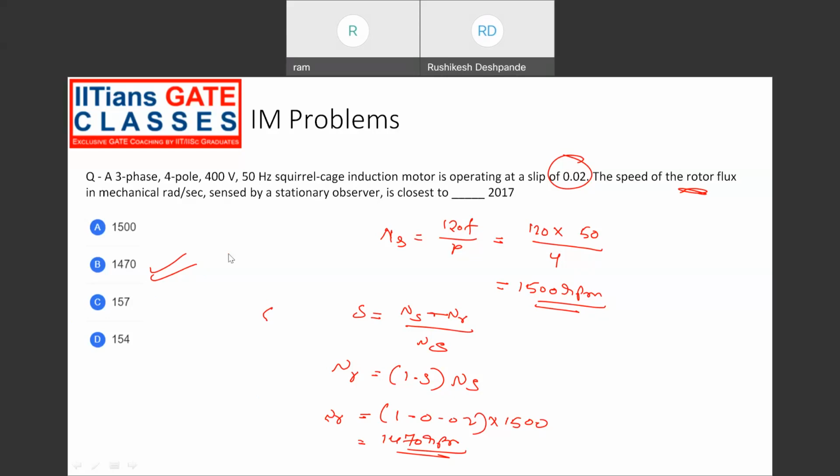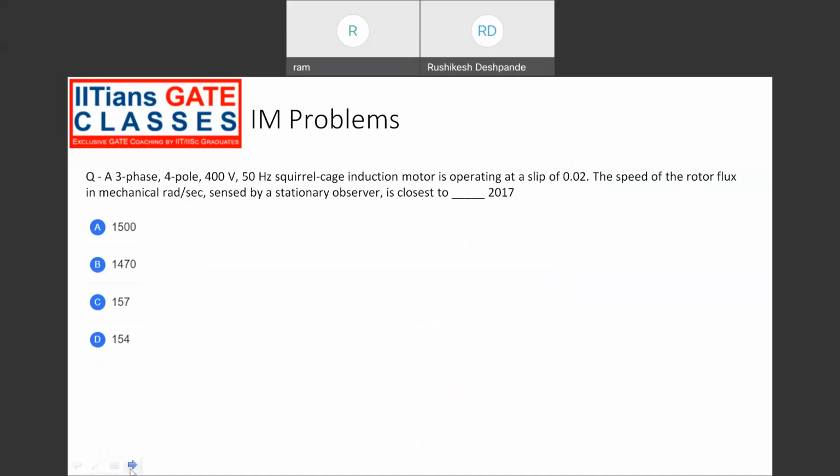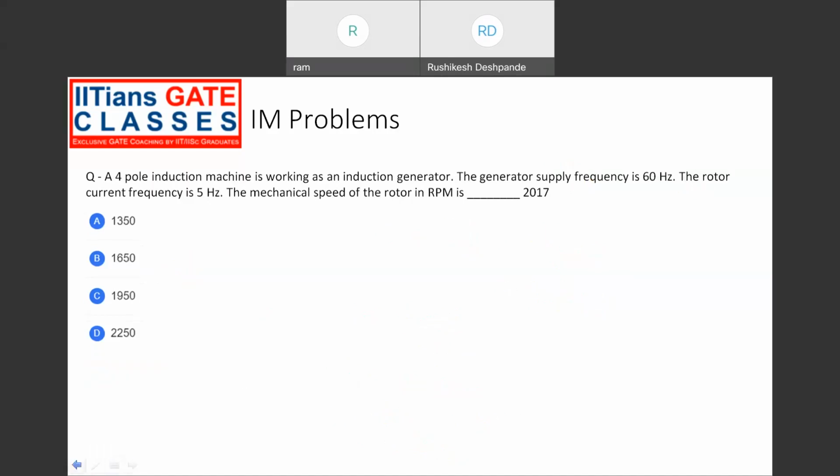Okay, let's go to the next question. A 4-pole induction machine is working as an induction generator. The generator supply frequency is 60 Hz and the rotor current frequency is 5 Hz. Find the mechanical speed of the rotor in RPM.